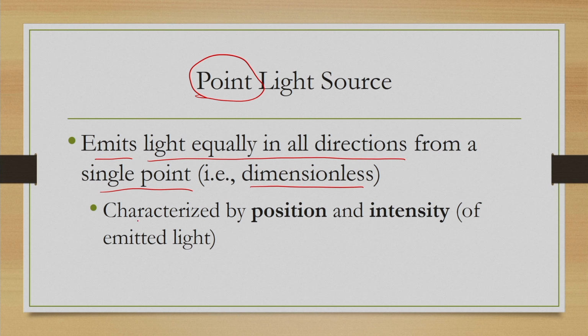And how do we characterize this type of light source? Since there is no dimension, we do not need to characterize them by their shape or size. Instead, we simply characterize them by their position and intensity values of the emitted light. So, what is the intensity value of the light that they are emitting as well as their position.